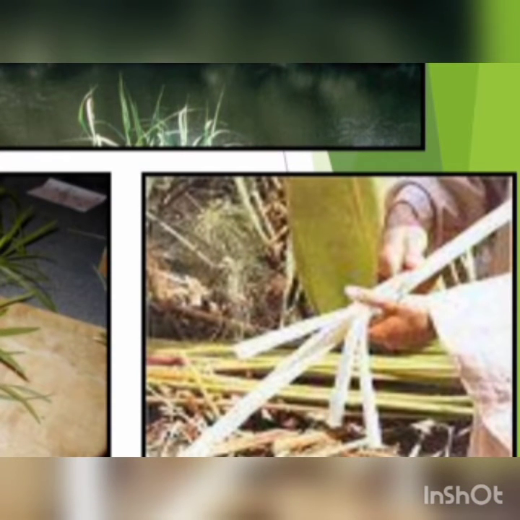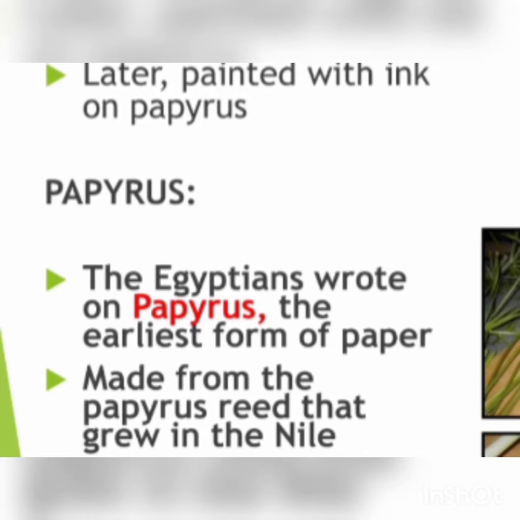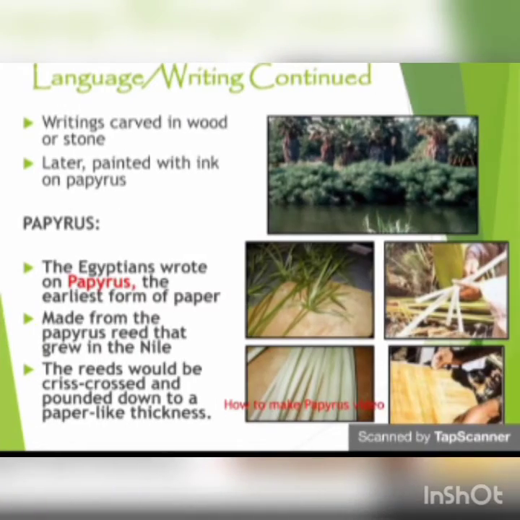It is made into paper, right? The reeds would be crisscrossed and pounded down to a paper-like thickness, and they wrote on this. These papyrus reeds grew on the banks of the river Nile.